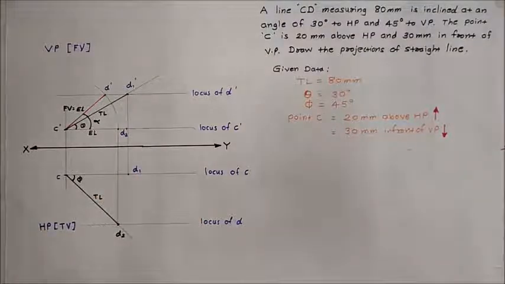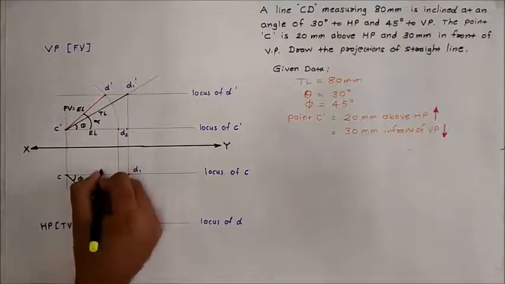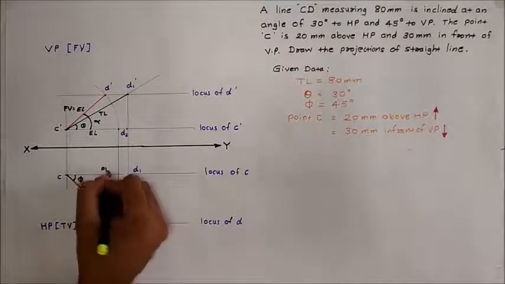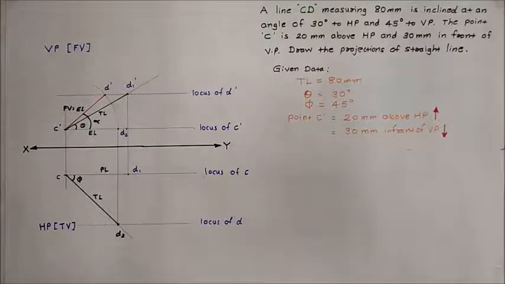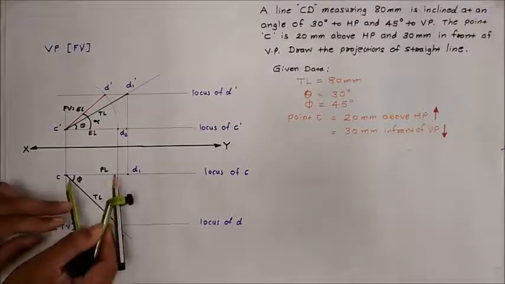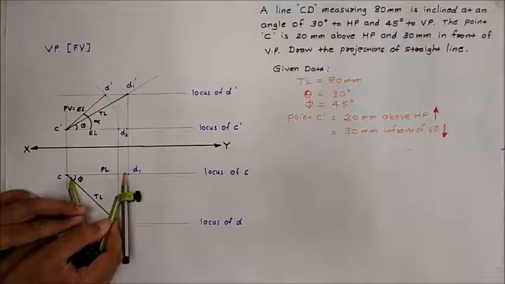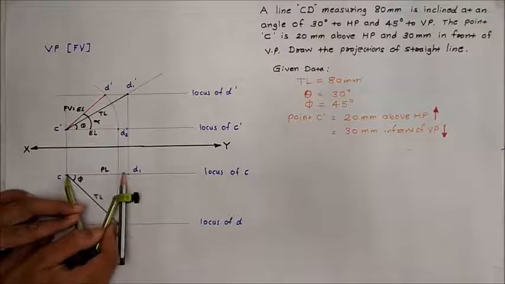The distance of point C to D1 is called the plan length. Now for getting the top view of the line, we have to rotate the plan length till it meets the locus of point D. For that, take the distance C to D1 in your compass.